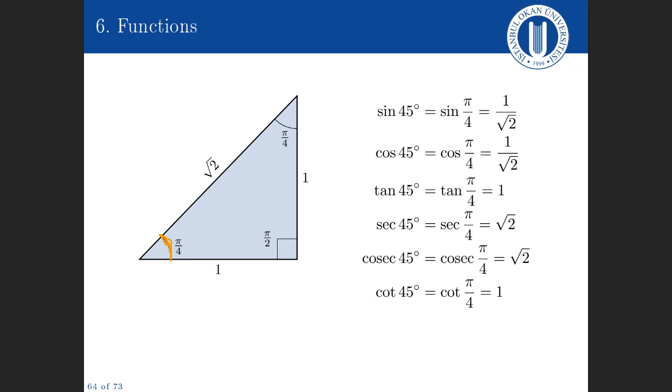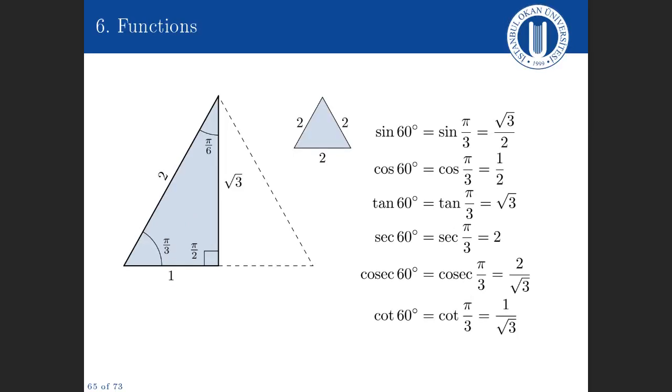Sine is going to be the height divided by the hypotenuse, 1 divided by root 2. For cos, it's 1 divided by root 2. Then after we've got those two, we can get tan as sine divided by cos. Sec is 1 over cos. Cosec means 1 divided by sine, and cotan means cos divided by sine. We can get the other four straight away.